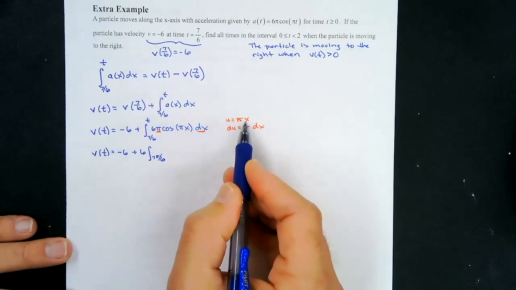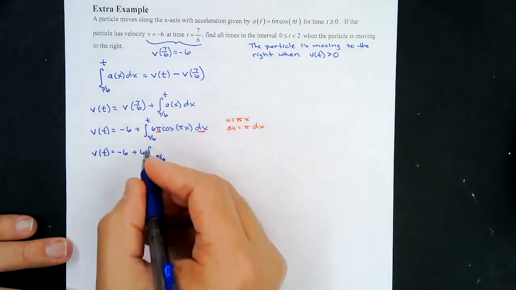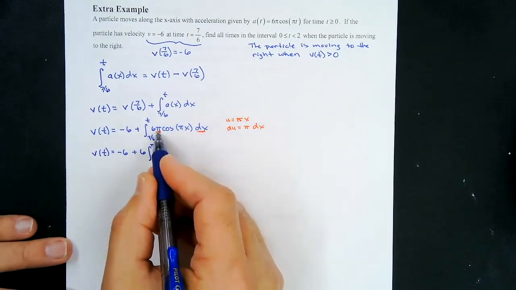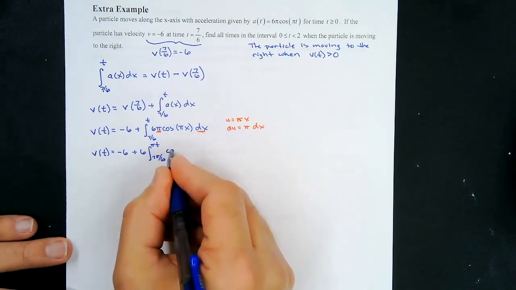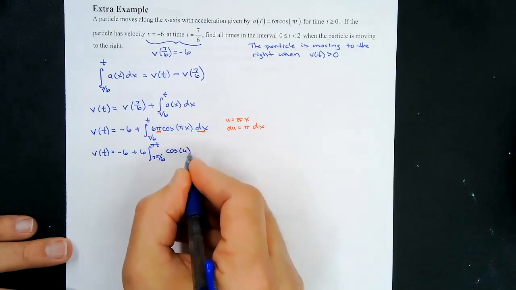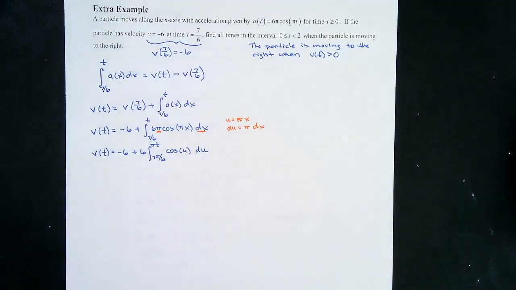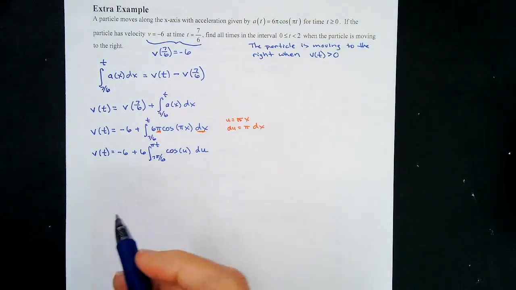And I'm going to put, this would be pi t. And then this pi with the dx makes my du. So this becomes cosine of u and then du. All right. Now, what's the integral of cosine? Well, it's sine.